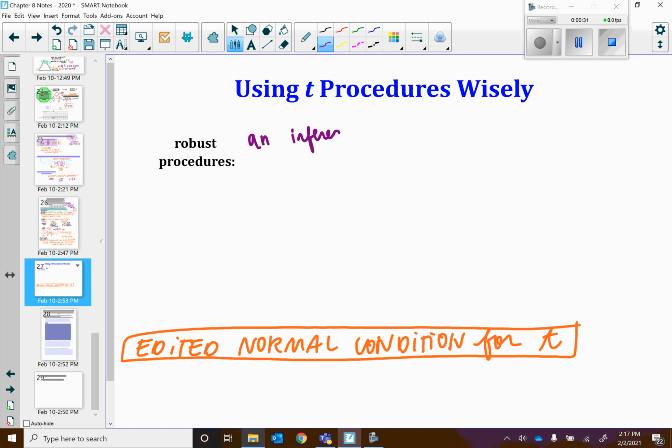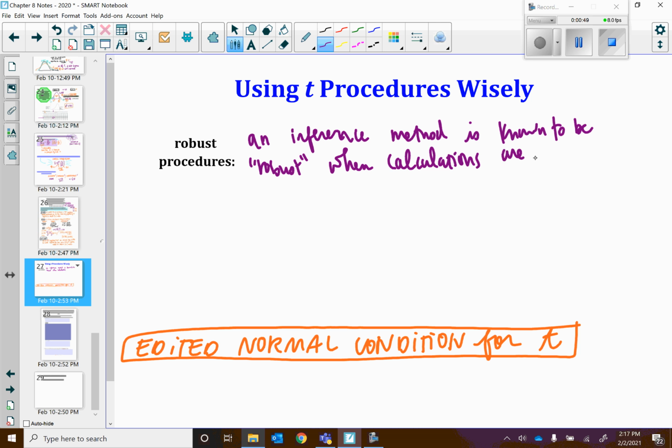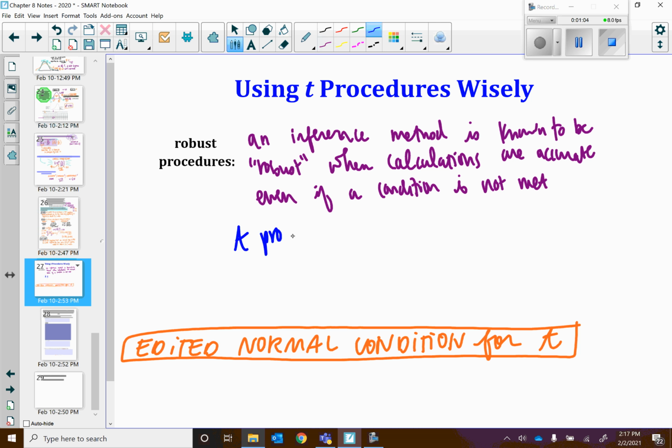An inference method is known to be robust when calculations are accurate even if a condition is not met. And specifically, T procedures are robust against non-normality.